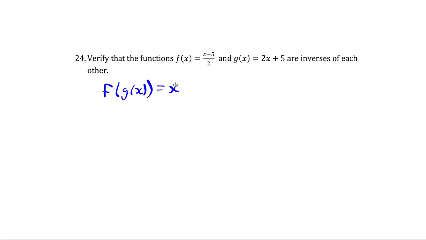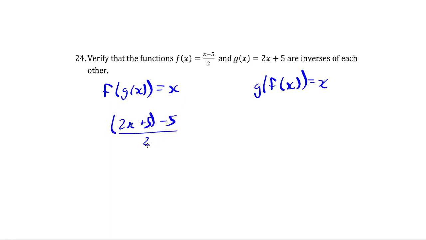So we need to show that f of g of x is equal to x and g of f of x is equal to x. So g of x plugging in, so 2x plus 5 minus 5 over 2. I can subtract these 5s first, so I get 2x over 2, and so this equals x.